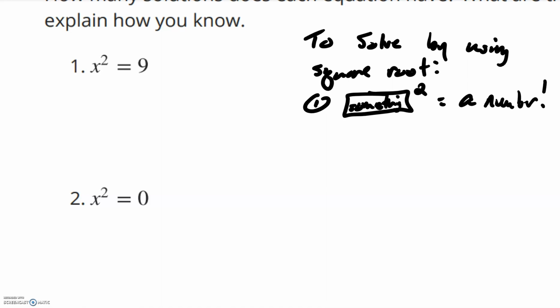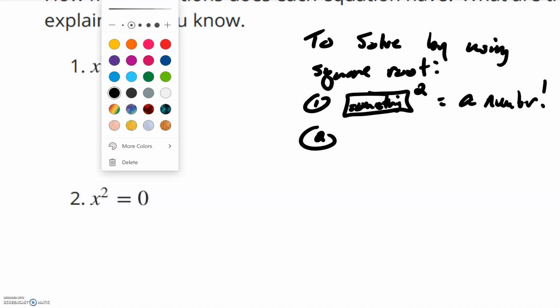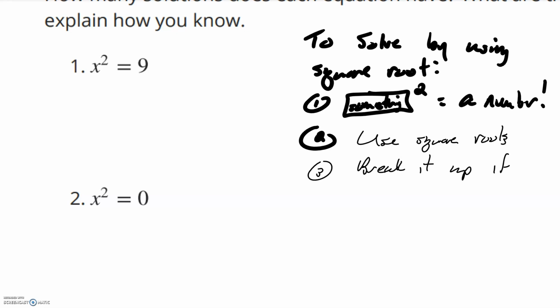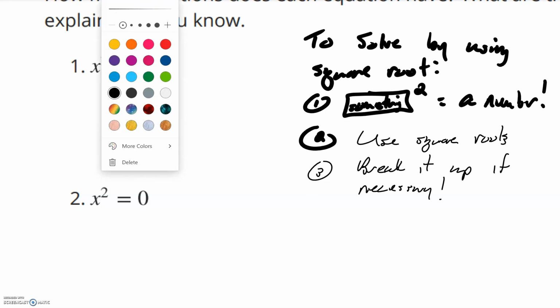That's what we're trying to do. After we do that, step number two, we are going to use square roots. And then step number three, we're going to break it up if necessary. You'll see step number three a little bit later on down the page here.